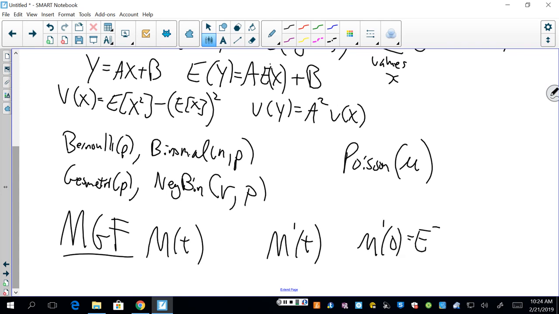And that ended up being the expectation of x. There was another way to get at the moments, the expected value, or we could keep taking more derivatives to get the higher ones. But I don't plan to make it overly complex, but it was a useful thing to do. But that'd be about it.